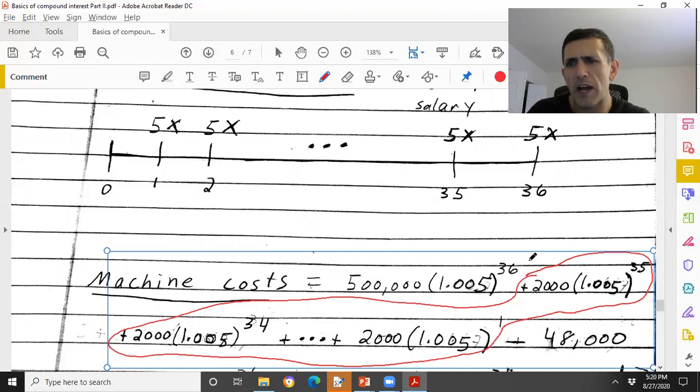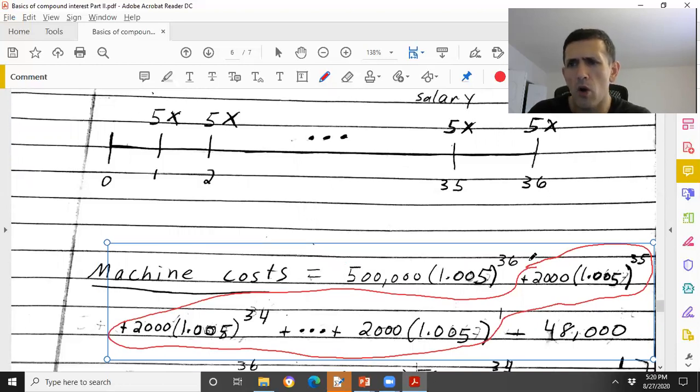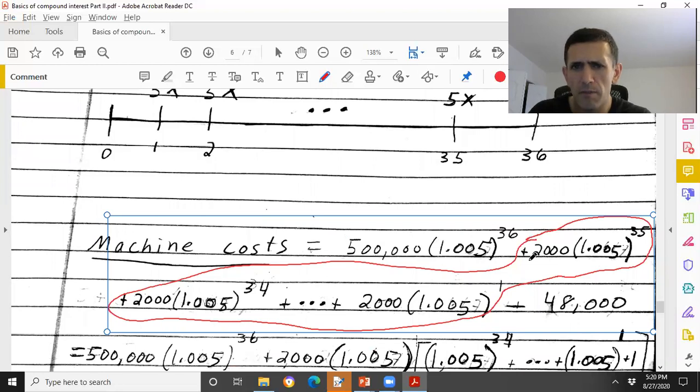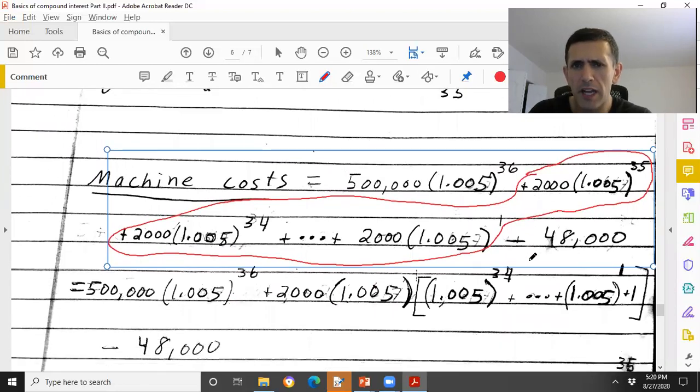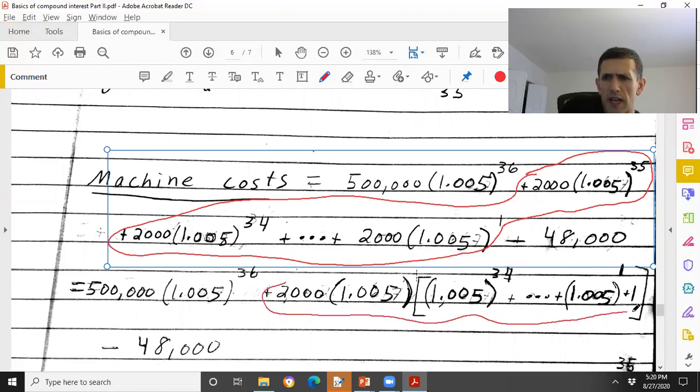In particular, you factor out a 2000, you factor out a 1.005, okay, to get the following. So what I have circled is exactly equal to this right here. Okay, so they are exactly the same.